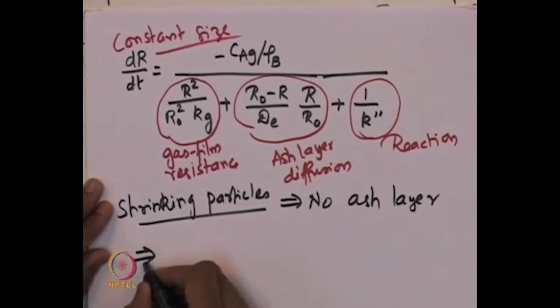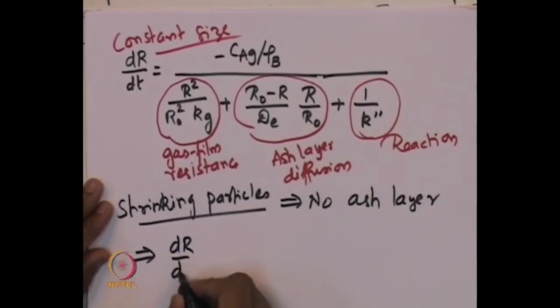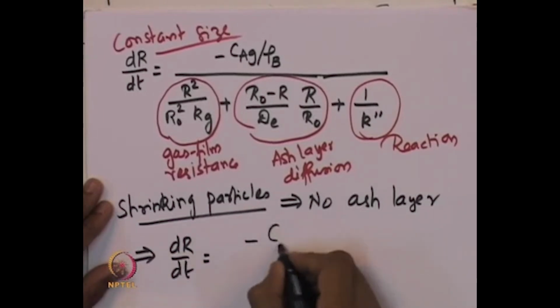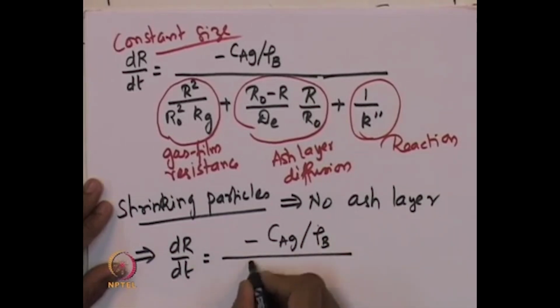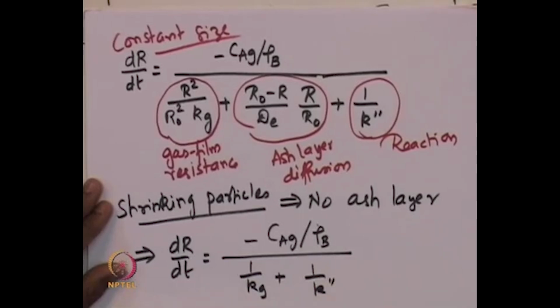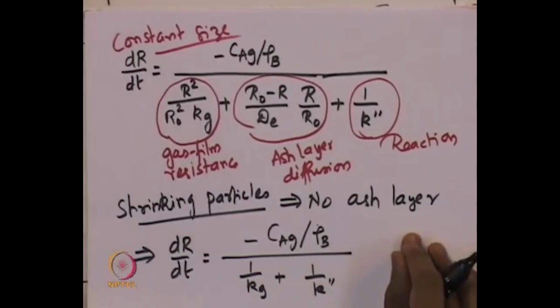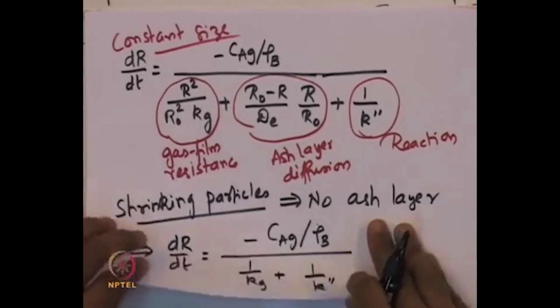Therefore, we can write this expression as dr by dt is minus Cag by rho b divided by 1 by kg plus 1 by k double prime, where k double prime is the specific rate and kg is the corresponding mass transport coefficient.